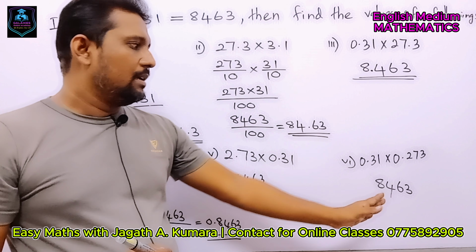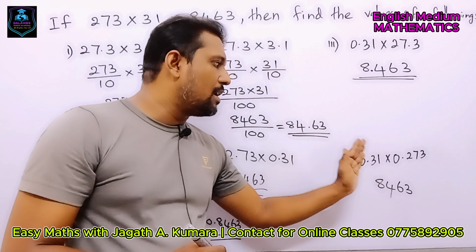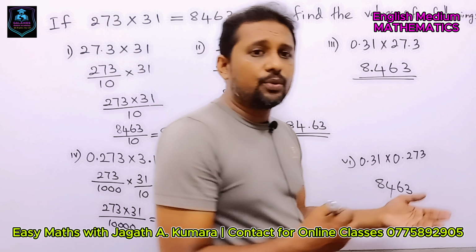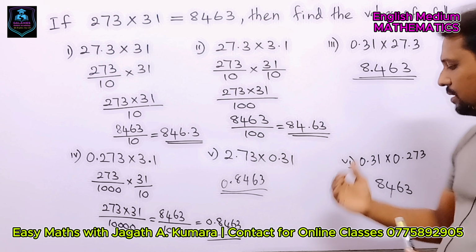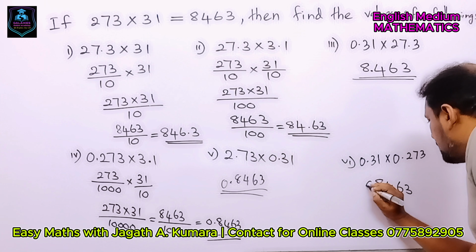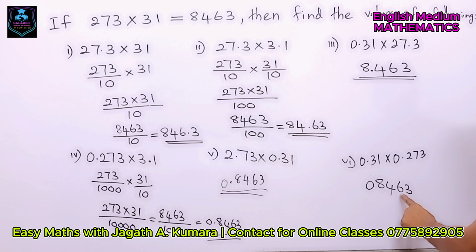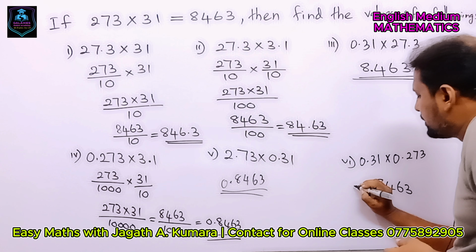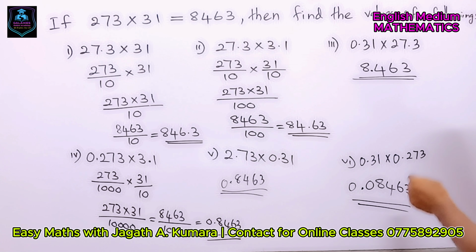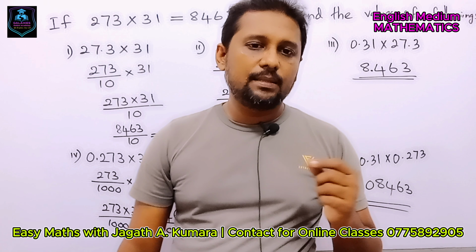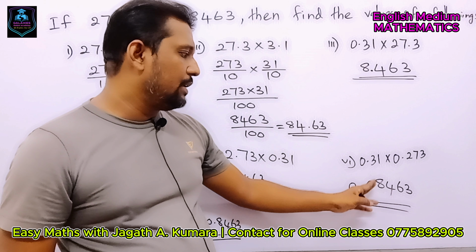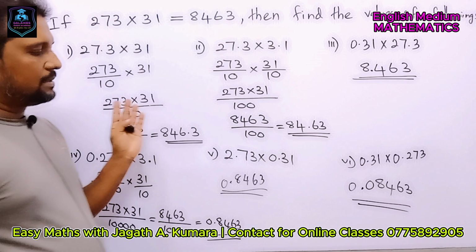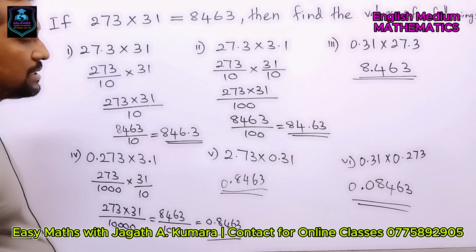Before the last five digits you have to keep the decimal point, but it has only four digits, so you can put 0 before the number. So what is the answer? 1, 2, 3, 4, 5. Before the last five digits you keep the decimal point. So the answer is 0.08463.